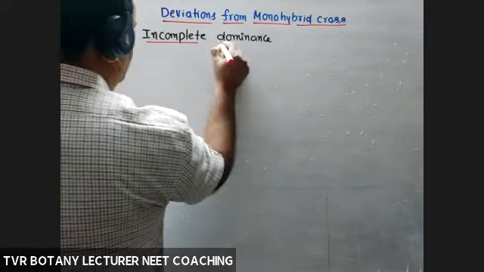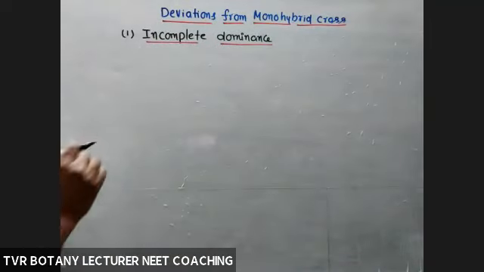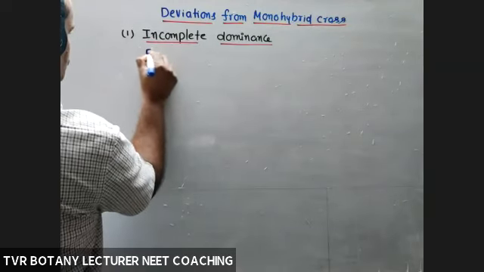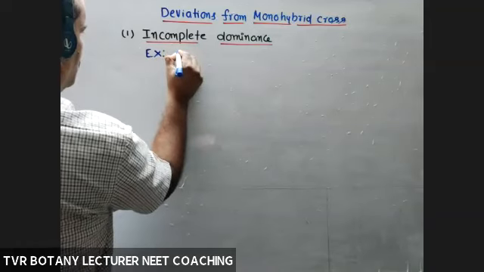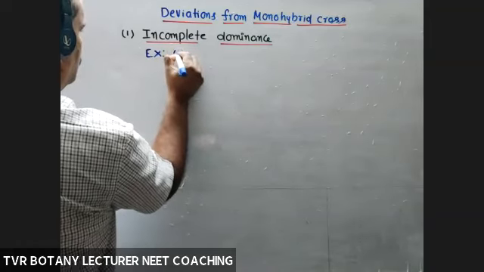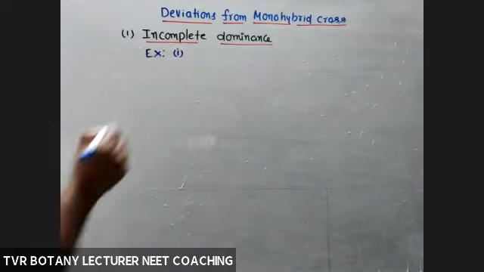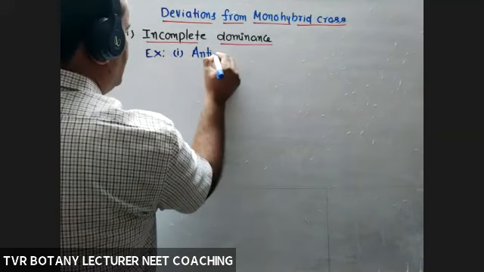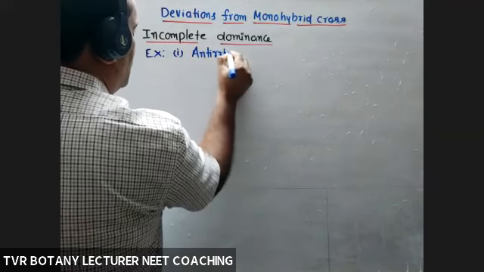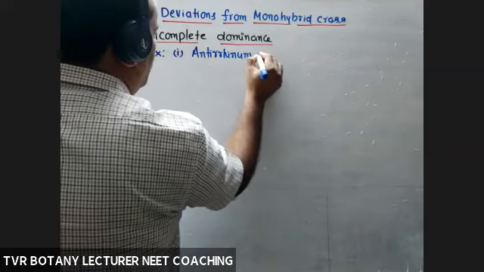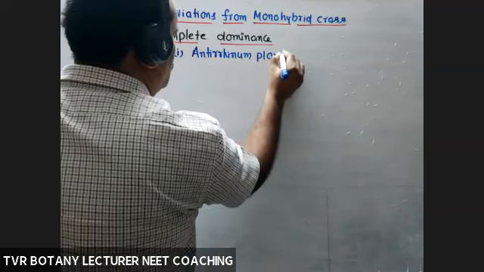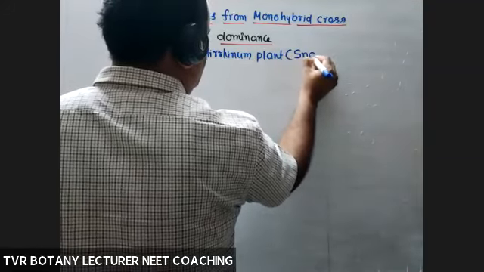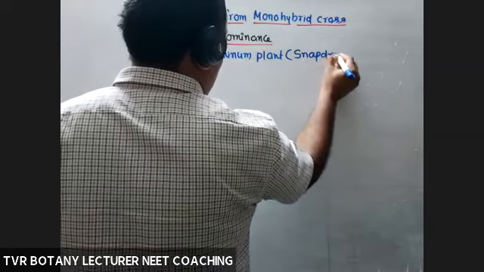What are the examples for incomplete dominance? So first example is the Antirrhinum plant, common name snapdragon.